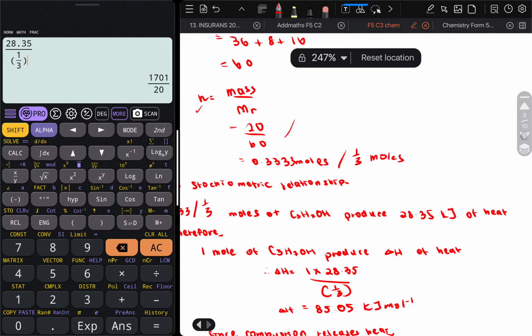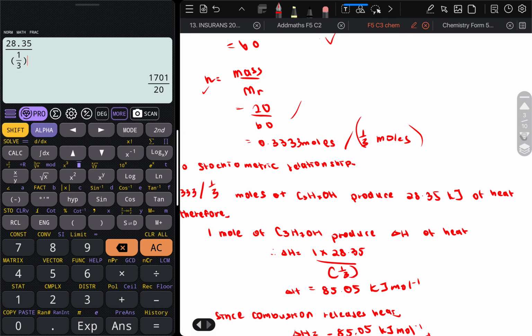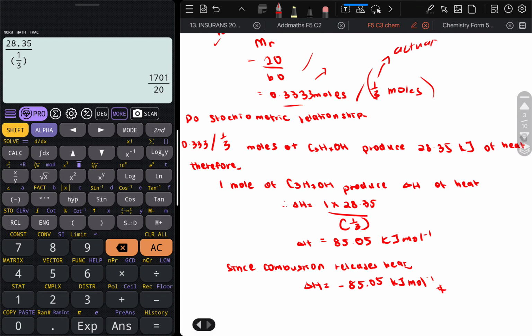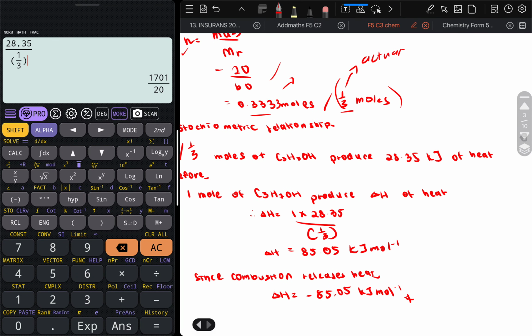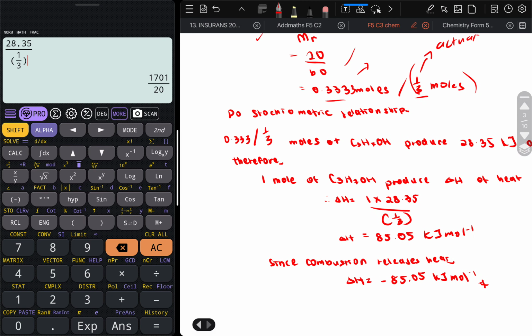So I prefer to use fraction. If the final answer is fraction, I use fraction because your answer would be more accurate, because this is the actual value. If I use the rounded value, what do you call bundar in English? I forgot already, but this is the actual value. I prefer to use fraction because it's the actual value.